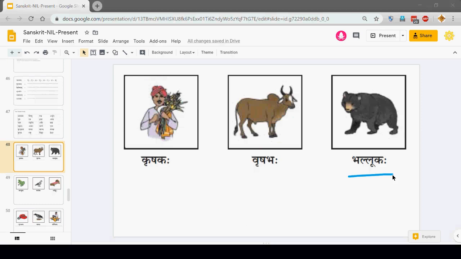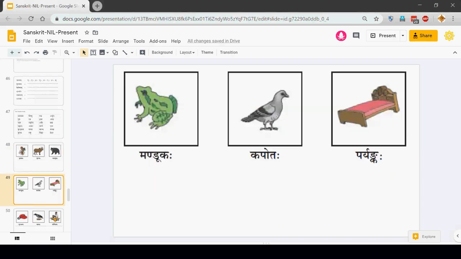Next. Bhallukaha. Yes, there's a double la. Bhalluka is bear. Okay. Next one. Mandukaha.